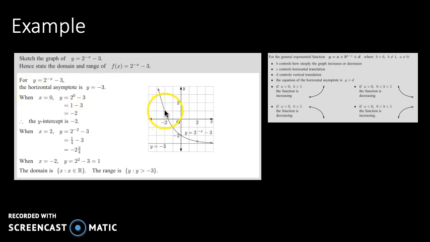We also want to find out some points on our graph so that we can plot it and sketch it. So first of all we take when x equals 0, and we put 0 in the places where the x's are, and this just comes out as -2. So we can plot this point right here. When x is 0, y is -2. This also gives us the y-intercept. And then we can plot some more points.